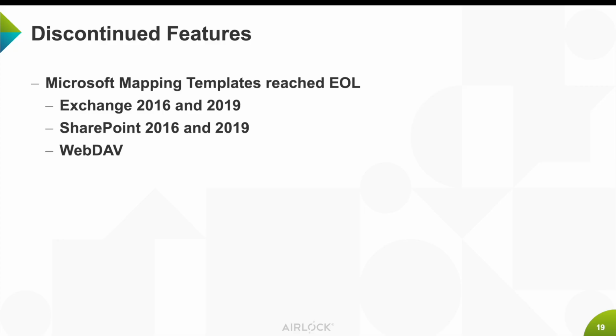The reason for this is that Microsoft has discontinued support for Exchange Server 2016 and 2019 as of October 14th, 2025. The support for SharePoint 2016 and 2019 ends on July 14th, 2026.